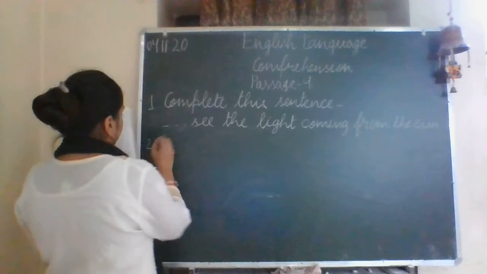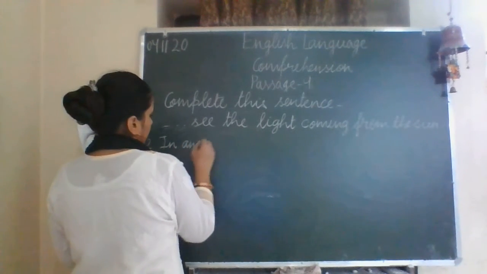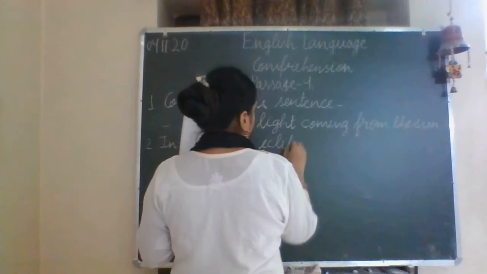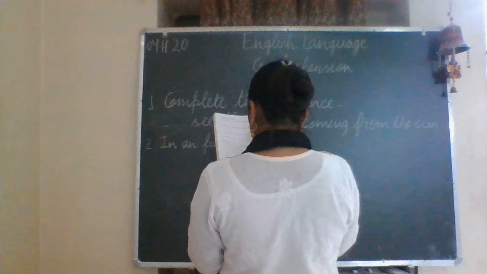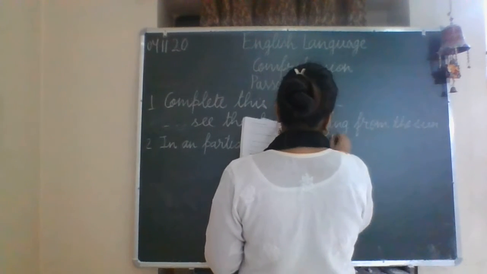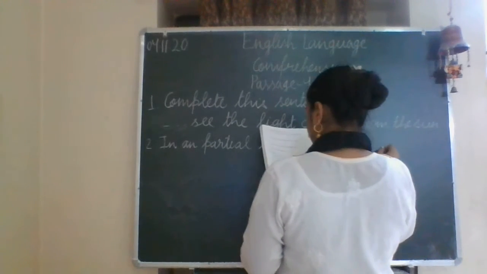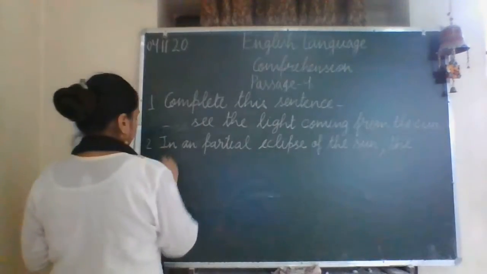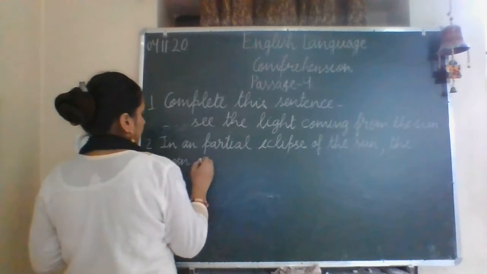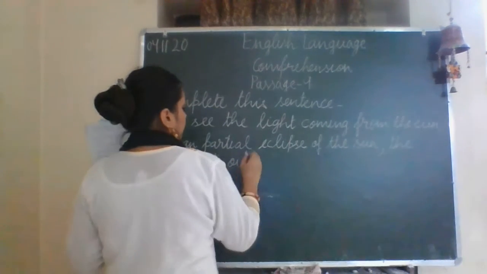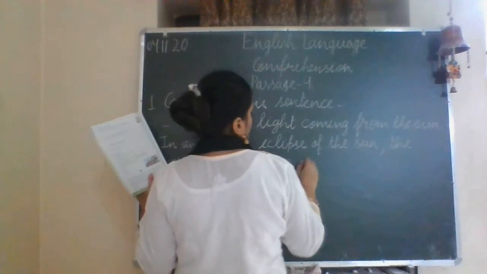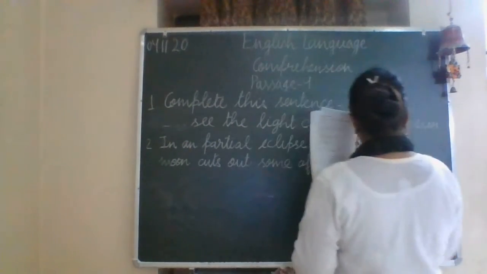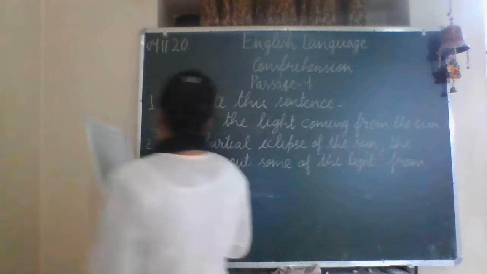In a partial eclipse of the sun, the moon cuts out some of the light from the sun.